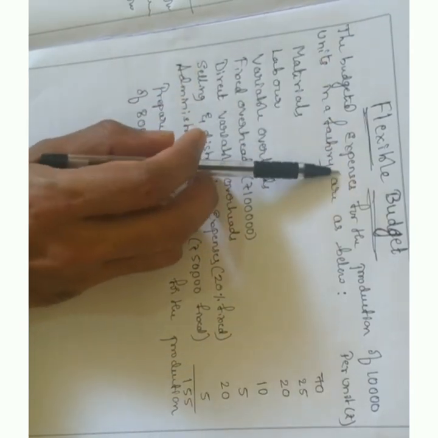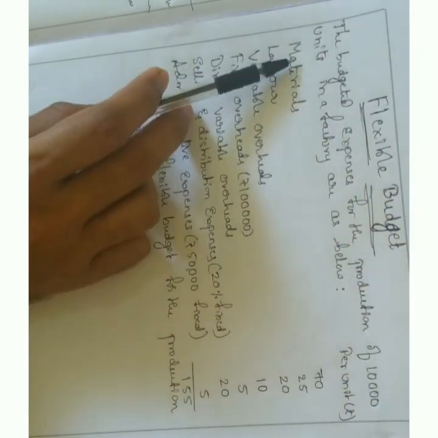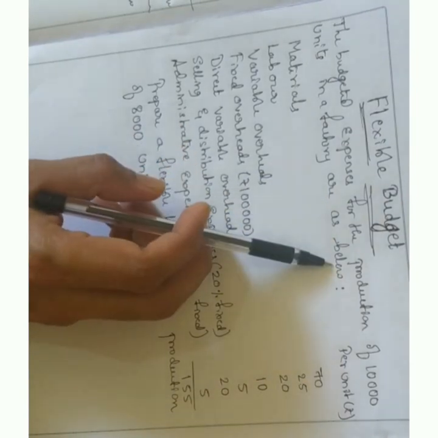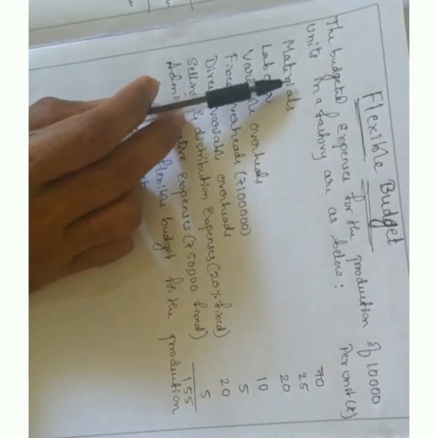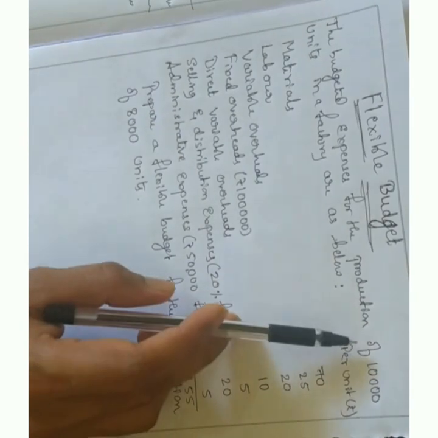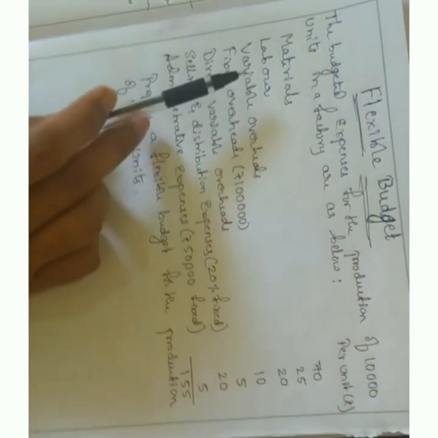The budgeted expenses for the production of 10,000 units in a factory are as below. So they have given budgeted expenses for 10,000 units in a factory.